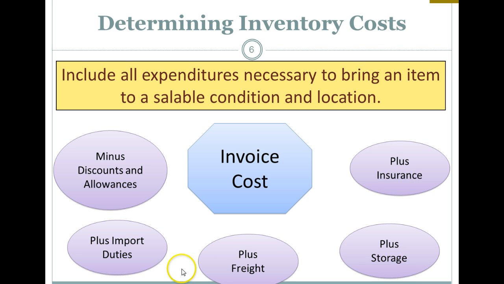All these costs are included in your inventory cost, not just what you actually paid for the product. There could be a variety of other fees that affect that. And understand that this affects the buyer, not necessarily a seller. We'll get into some differences here.